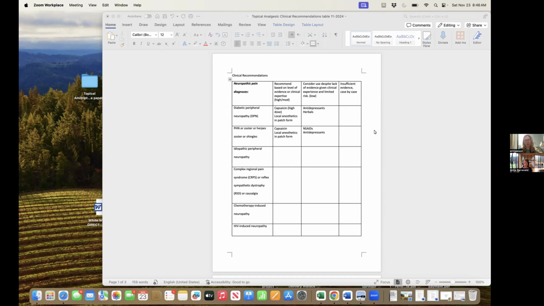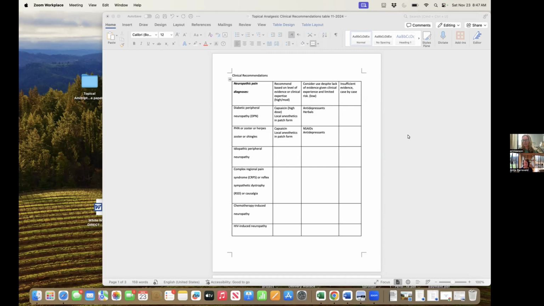And then we'll put all of that information and share it with everyone again, and we can decide if we need to meet to discuss on another Zoom if there's strong disagreements or any major inconsistencies. But that way we can have something that's nice and concise to share with people to use clinically.